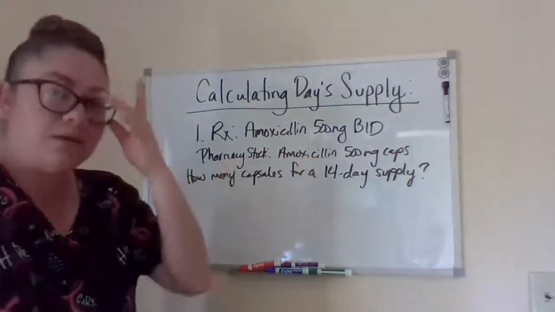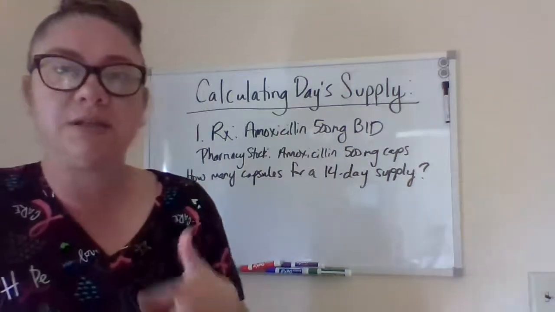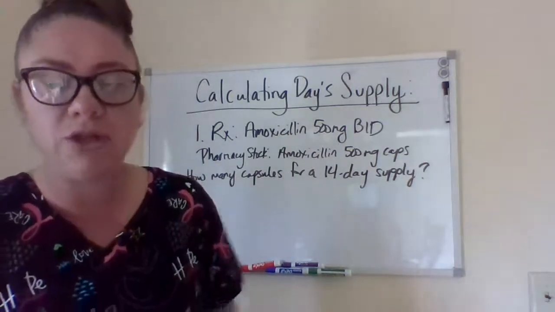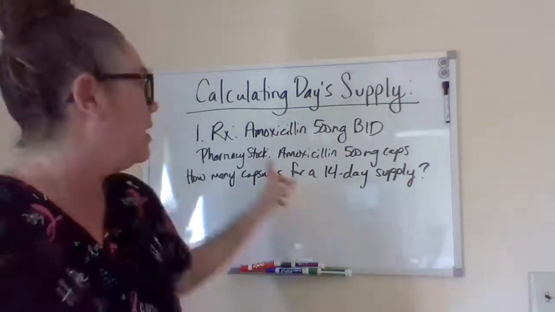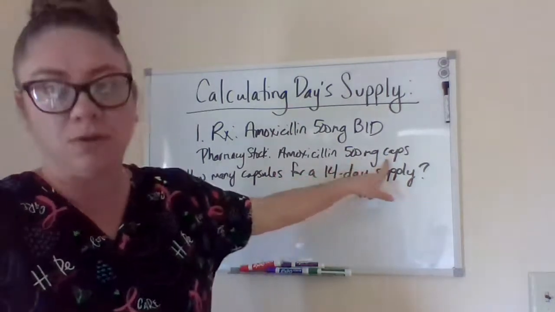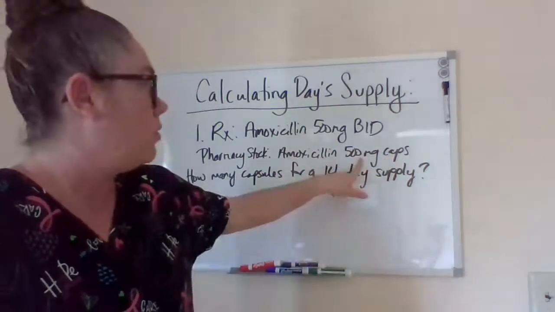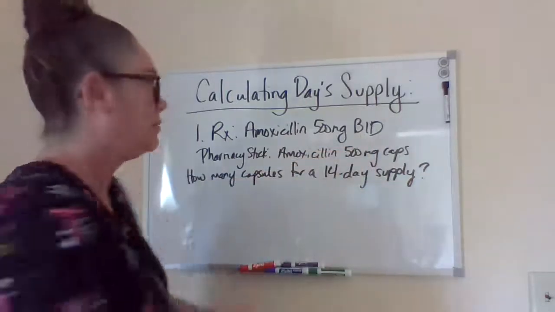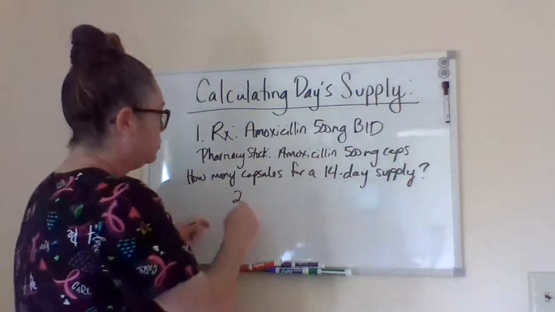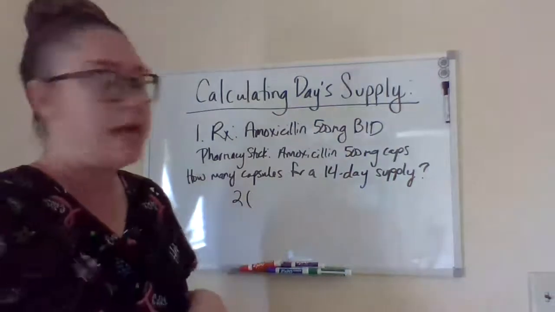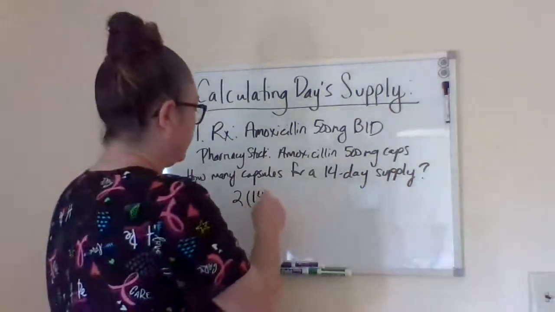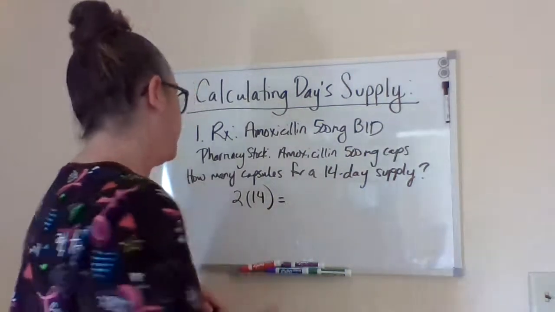In stock. Okay, that means what I physically have on the shelf that I'm going to use to fill this patient's prescription. I have 500 milligram capsules, okay? So one twice a day, okay? So two, because the patient is taking 2 a day, times 14, right?